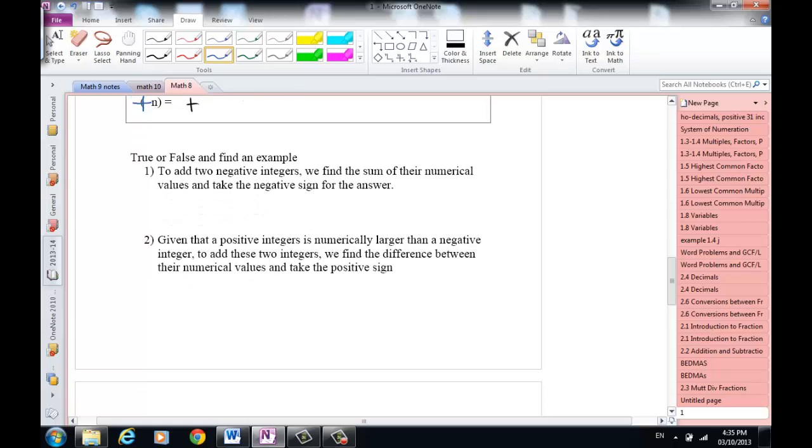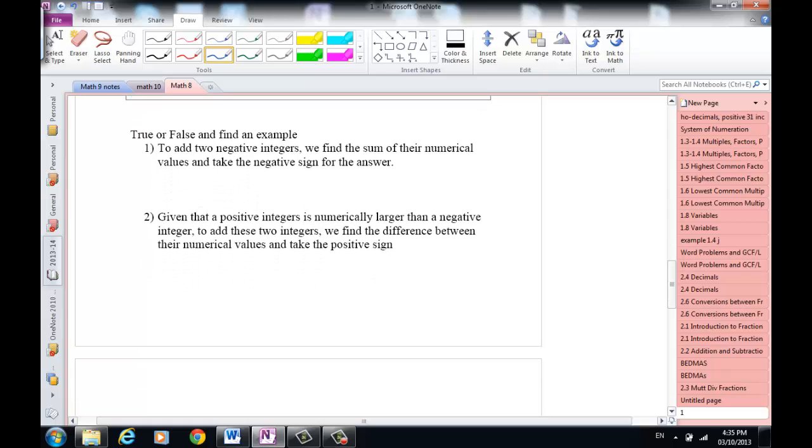Okay, 2 more examples. So true or false. To add 2 negative integers, we find the sum of their numerical value and take the negative sign for the answer.